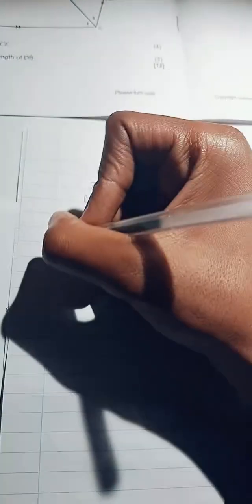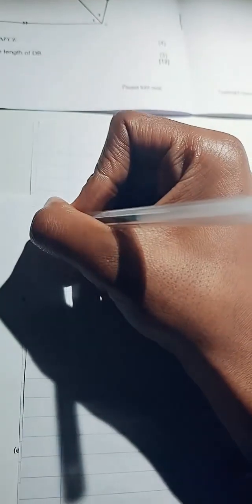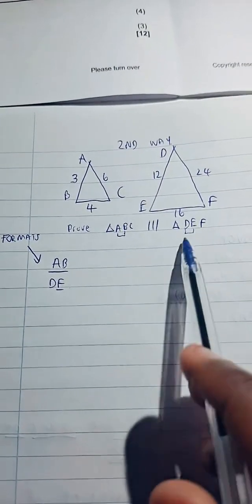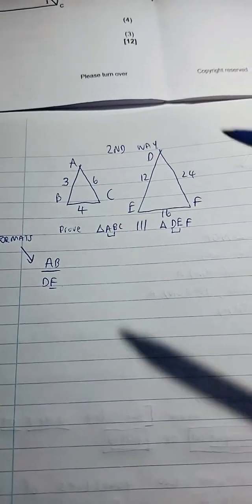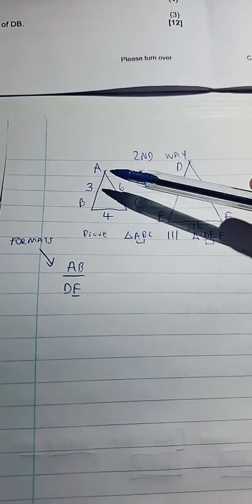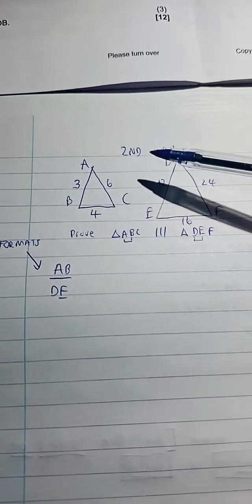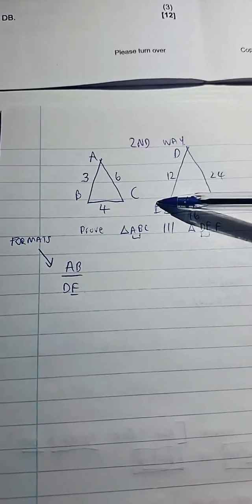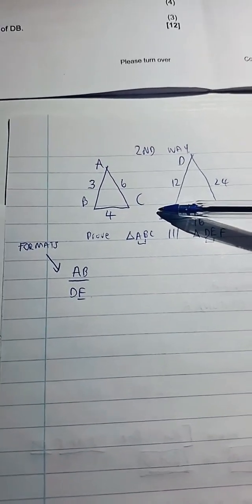I am going to now use one of my formats. Because remember, if these two triangles are truly similar, what am I expecting? I'm expecting that the ratio of the sides respectively, or the proportion of the sides respectively, should be equal.